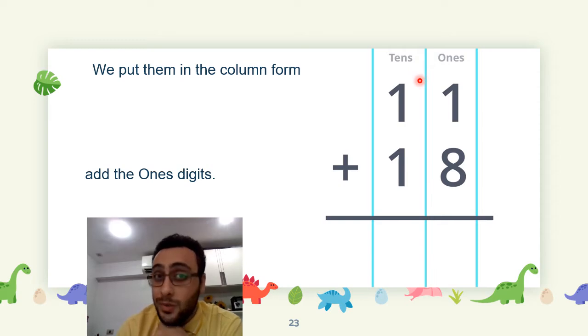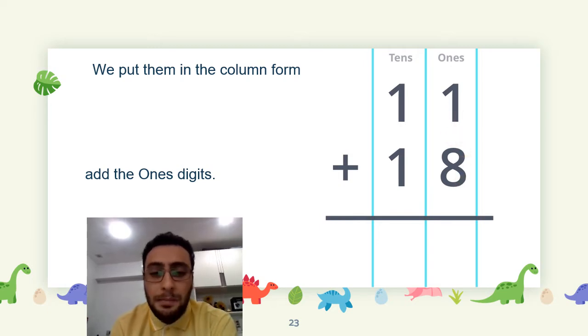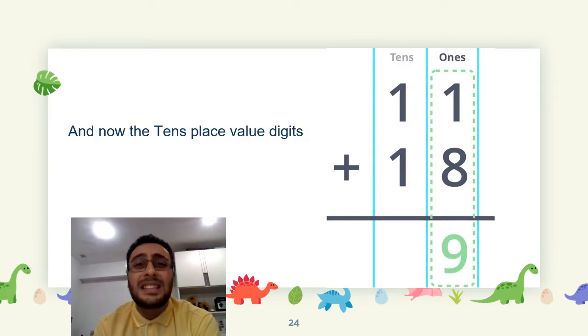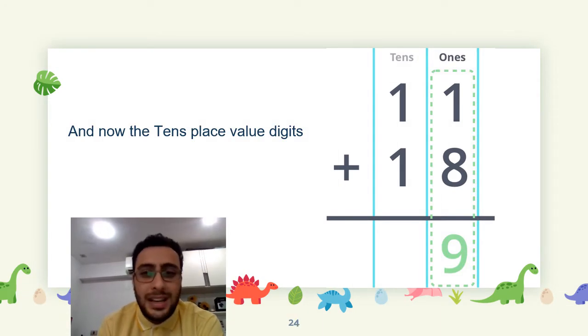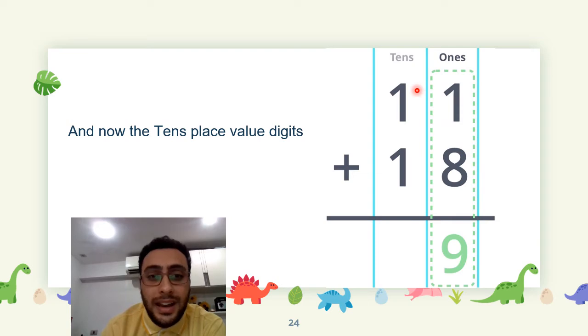So what we do is, as you remember, we start from the right side. We add the ones digits, okay? So we have 1 plus 8. What is 1 plus 8? It's 9.